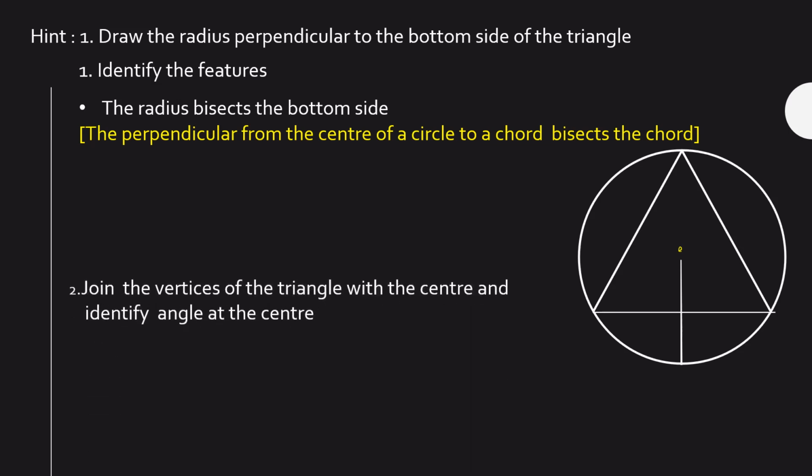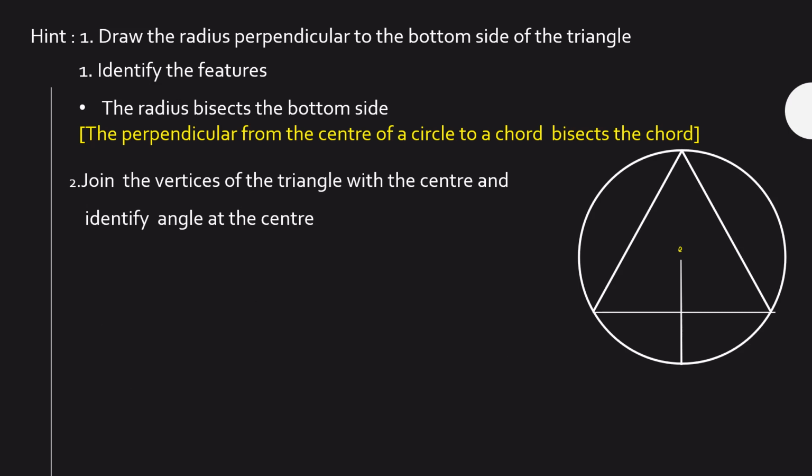Then the next clue, join the vertices of the triangle with the center and then identify the angle at the center. First, all of you join the vertices of the triangle. After joining, what do you get? You will get a figure like this, isn't it?